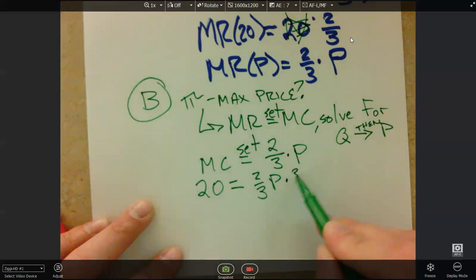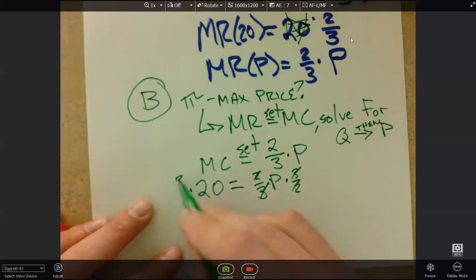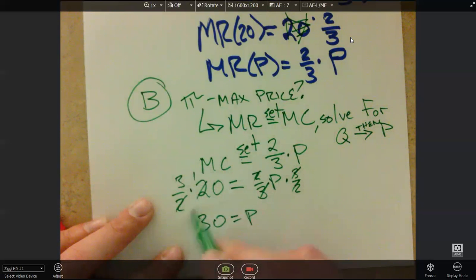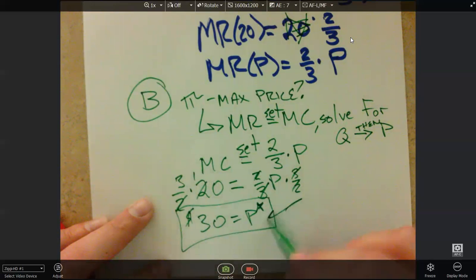So we multiply both sides by 3/2 and cancel it out. We end up with 30. So that is P star, the profit maximizing price for the monopolist.